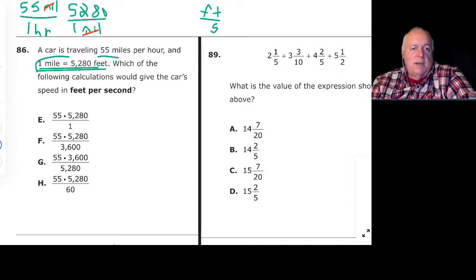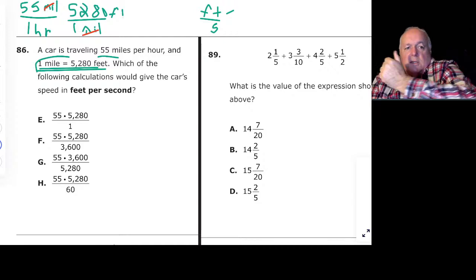So let's write it in, just so we're behaving with our conversions. And we can extend that out too if we want to.